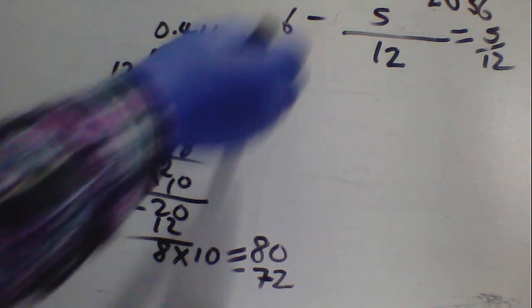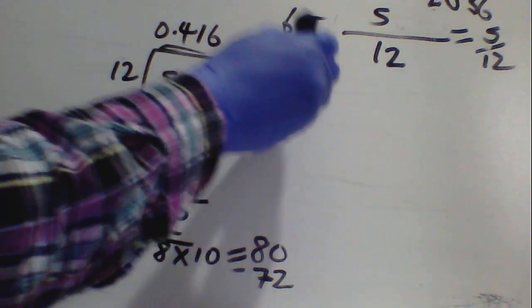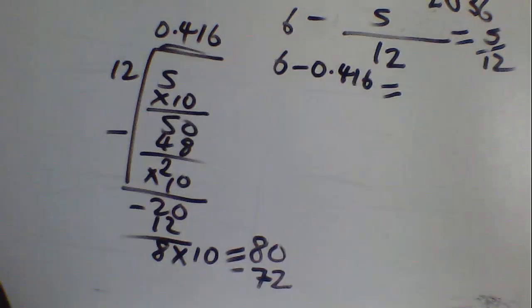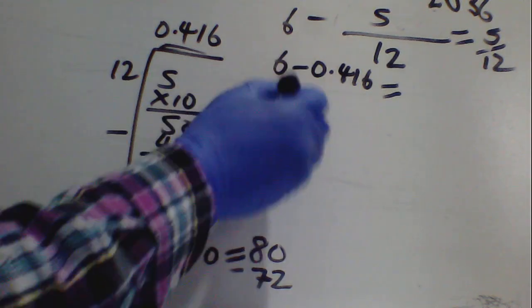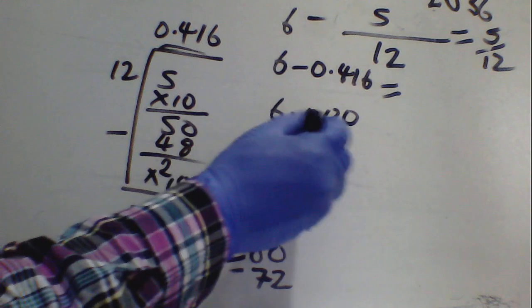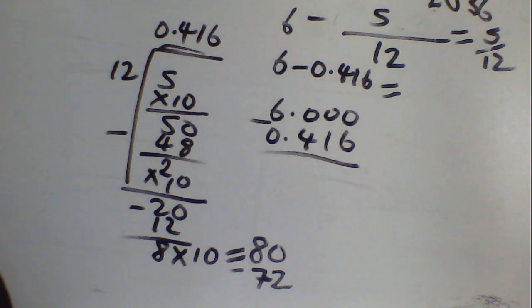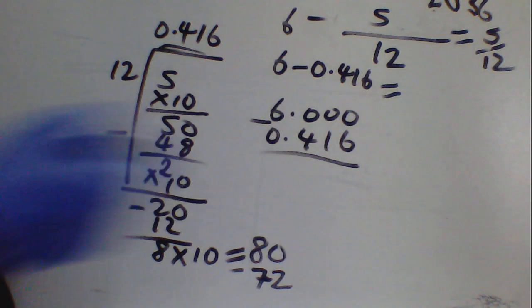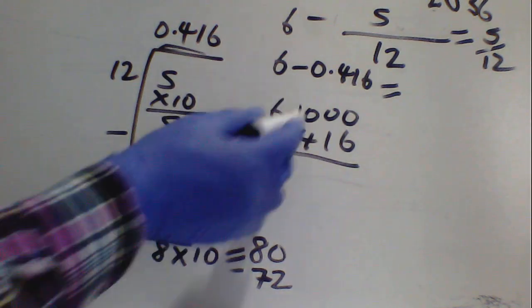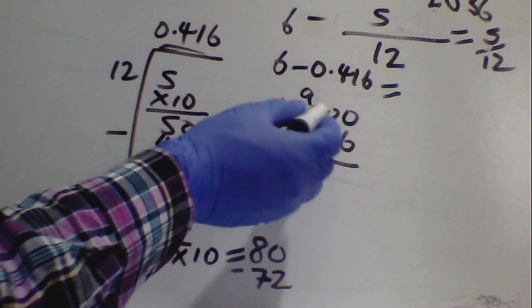We take this, so you have to put it here. You have 6 minus 0.416. Do the subtraction. You can use this, it will give us 6.000. You have 0.416. You subtract using the vertical method. Carry 1 from 6, put here, it gives us 10. Carry 1 from 10, remaining 9, put here, gives us 10.